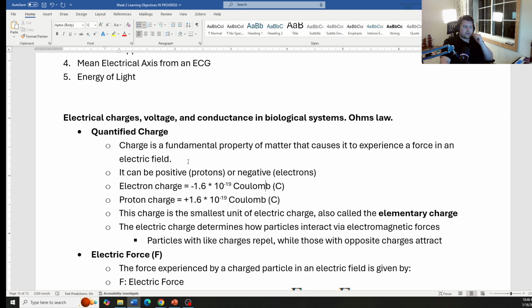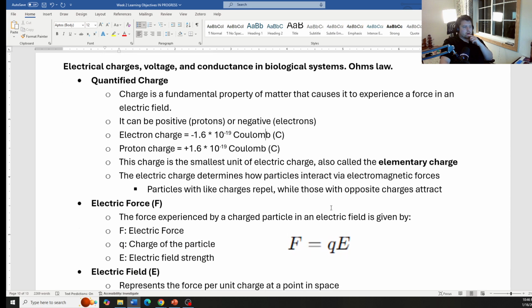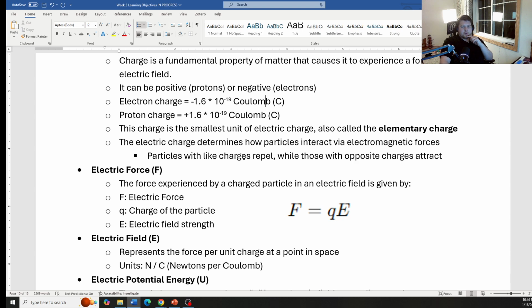This is the smallest unit of electrical charge, also known as elementary charge. And just like with magnets, opposites attract. The ones with like charges are going to repel each other. So a proton doesn't love to be buddy buddy with other protons. Electrons don't want to connect with other electrons because they repel each other.